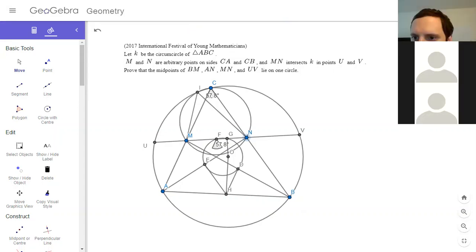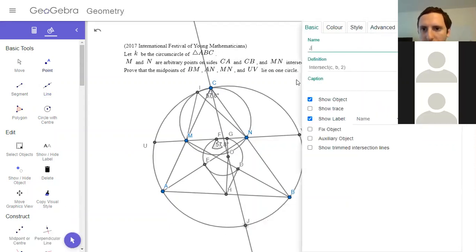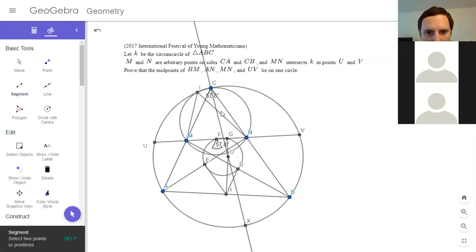I have got a solution, but that uses the orthocenter of MCN and the diameter CX. Let X be the antipode of C. Okay, so I'll let X be this point. And let R be the orthocenter of CMN.